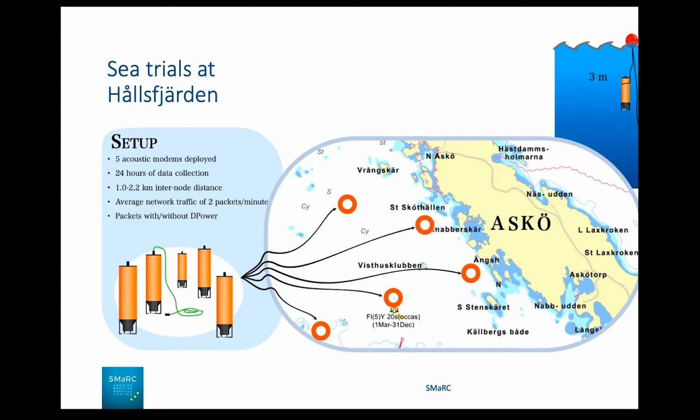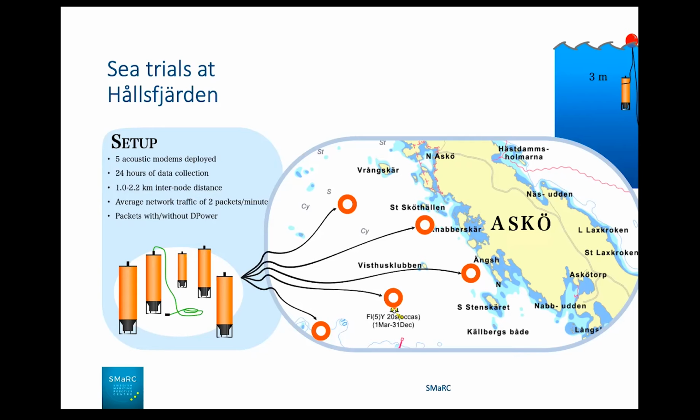So these 5 modems are placed at 1 to roughly 2 kilometers internode distance, and the setting is that each of these modems is going to transmit a packet every 5 minutes, or actually 2 packets every 5 minutes, targeted at one of the other modems.